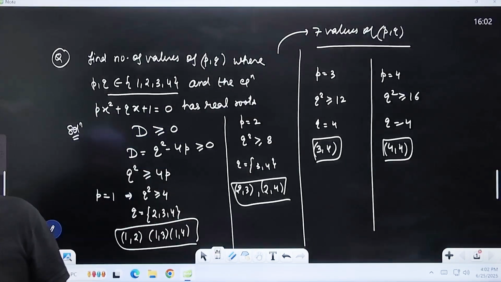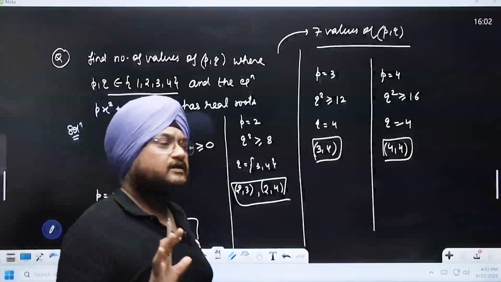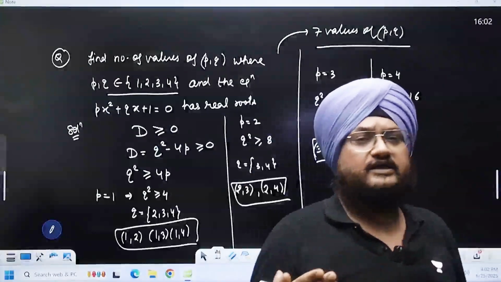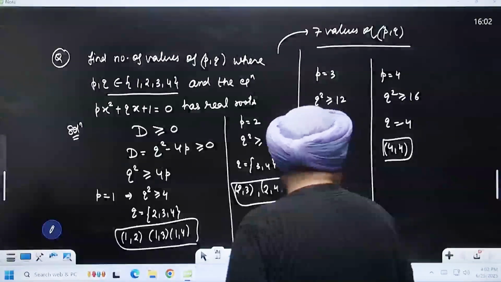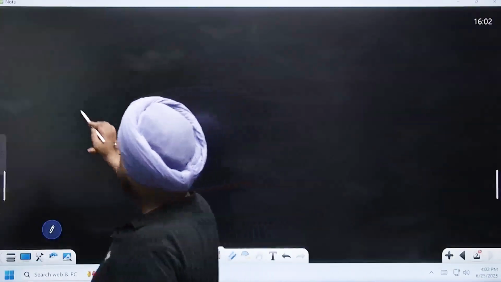Let's move forward to another. We haven't done questions on the nature of roots of higher degree equations, so let's take one such problem.